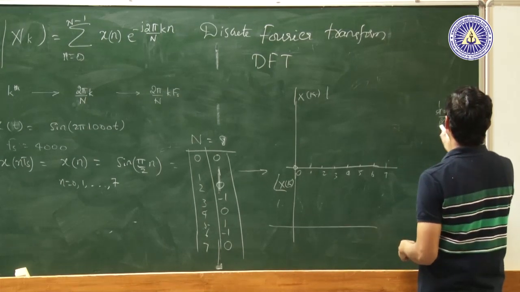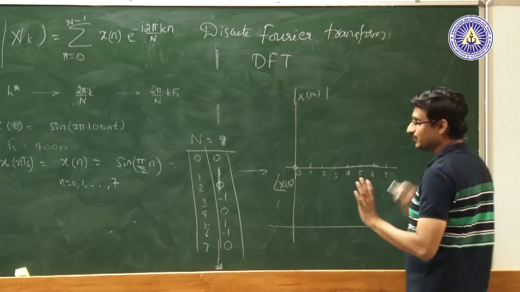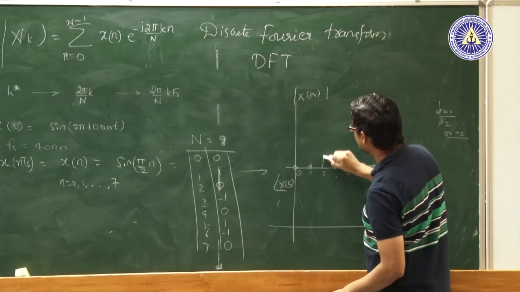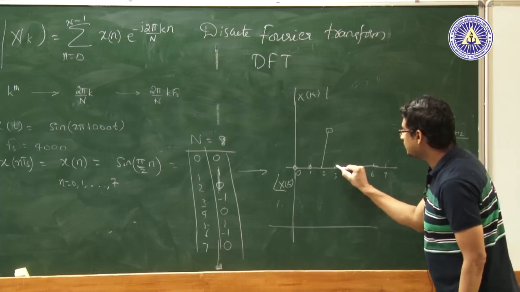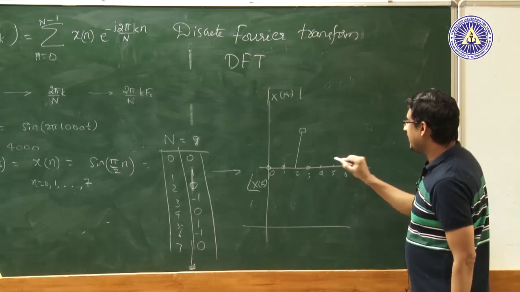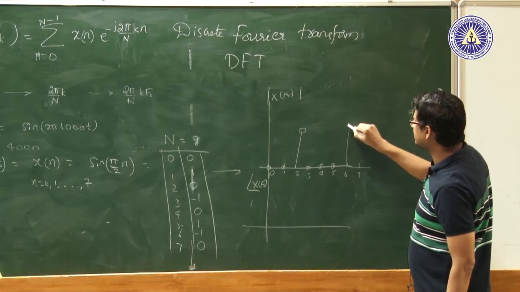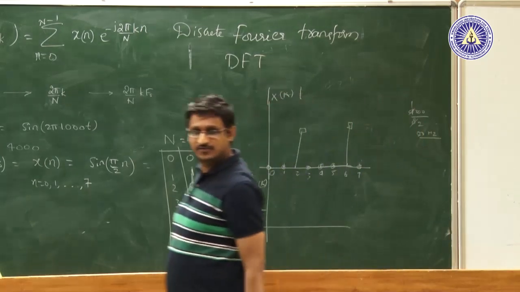So, I will actually get 500 hertz. Okay. It turns out that X of 1 will also be 0, but X of 2 will be non-zero. X of 3 will still be 0, and then X of 4 will be 0, X of 5 will be 0, but X of 6 will be non-zero, and X of 7 will be 0. You can verify this.